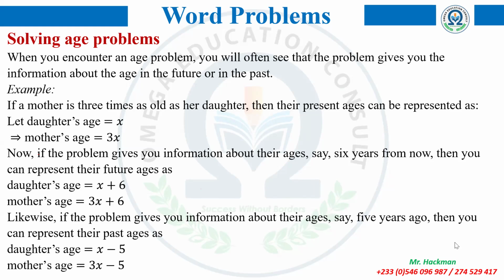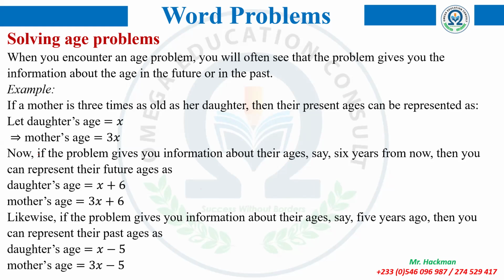Okay, so in that case, we can represent their past ages as... When you talk about the future age, we add; the past age, you subtract. That is the basic information that you need to take note of here. So 5 years ago, if my present age is X, it will be X minus 5. That is my past age 5 years ago.